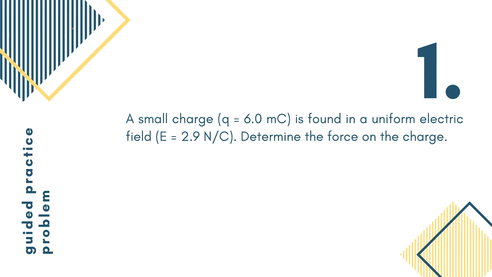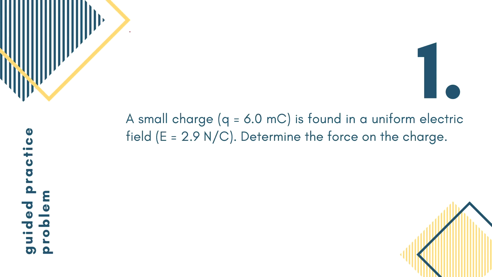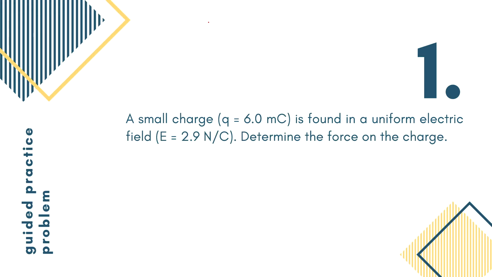Take a look and read. Okay, so let's state our given. First we have a test charge of 6 microcoulombs, which is equal to 6 times 10 raised to... I mean, that's milli, right?